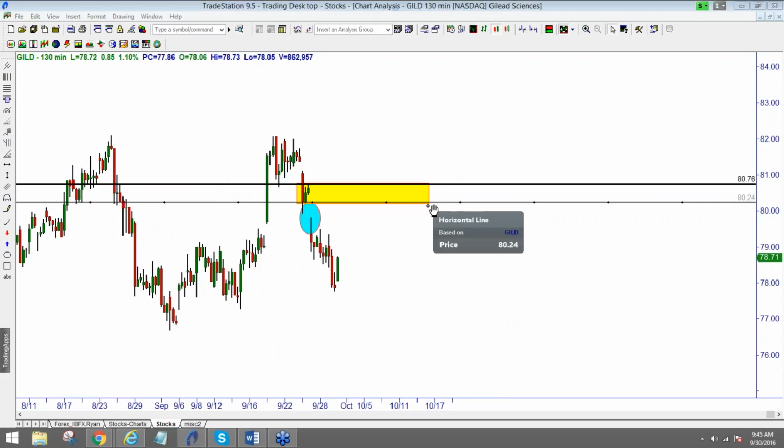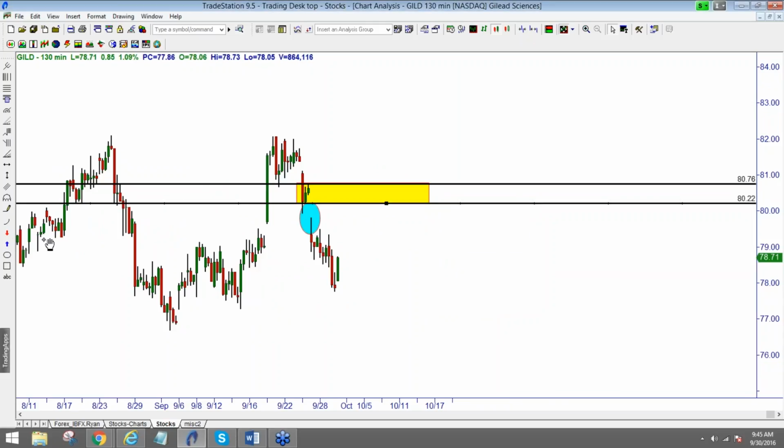Yeah, I like this setup. This could hit today. It's early, so the market definitely has time. That's nice. Good possible setup. We'll see.